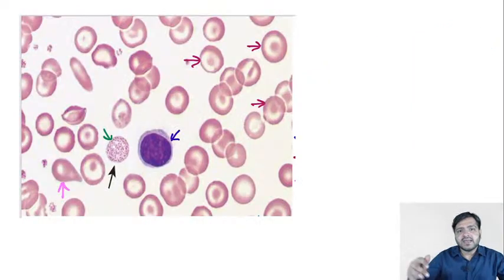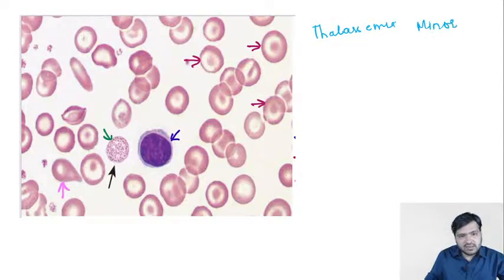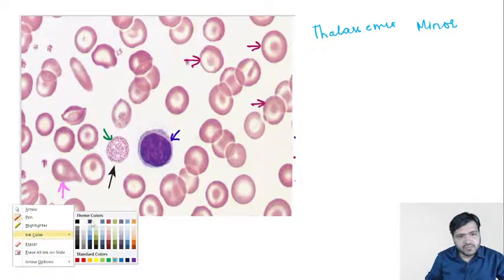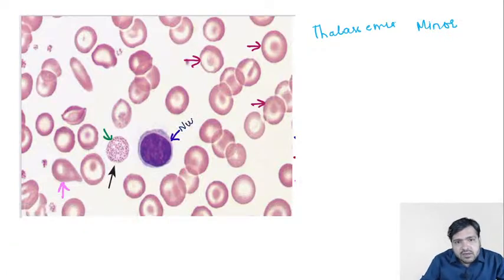Coming on to the next, how to differentiate it from thalassemia minor. So in thalassemia minor, what you will be able to see, guys, firstly you can see a very well appreciated nucleated RBC in the blue. That is the nucleated RBC, guys, which you can very well appreciate in the blue color.